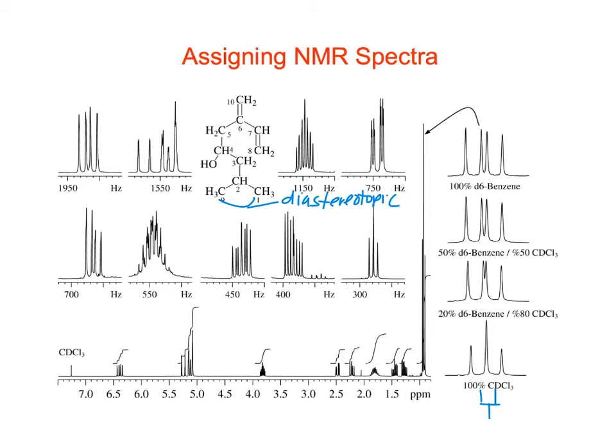I shouldn't draw it like that, it's not a coupling. Let's draw it like this. They have different delta values. Okay, so you're right though, these are the two. These are 1 and 9.